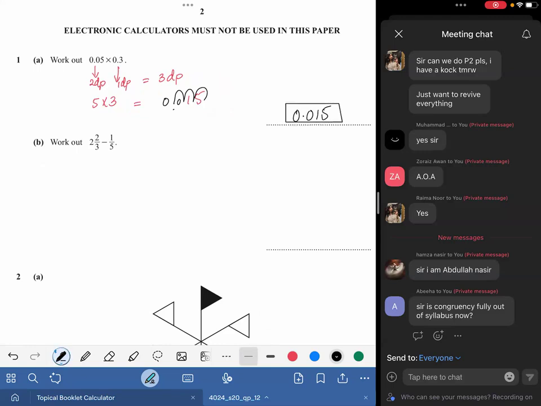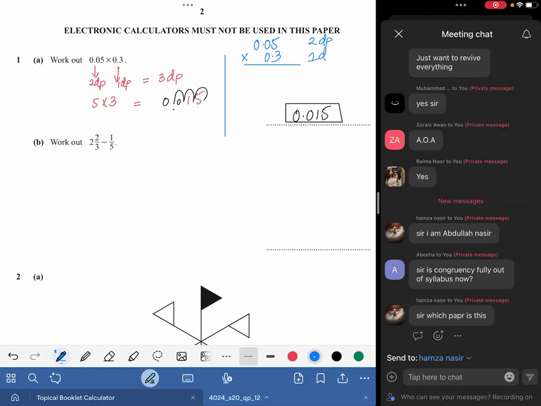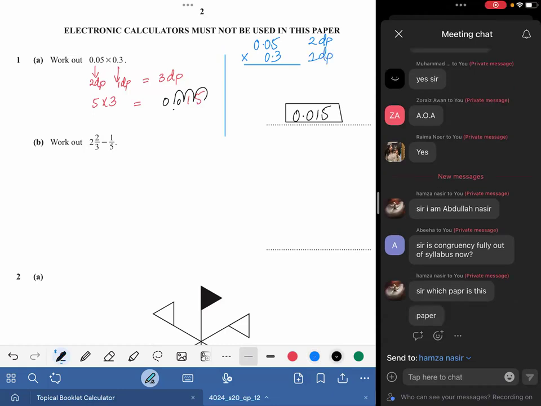Okay, if you have another technique, you can apply that multiplication process as well. So that other technique is, for example, if you do not understand this, just write this number 0.05 and write 0.3, and draw a line here like a typical multiplication, but do write here 2 decimal places and 1 decimal place. Now simply multiply, ignoring the decimal.